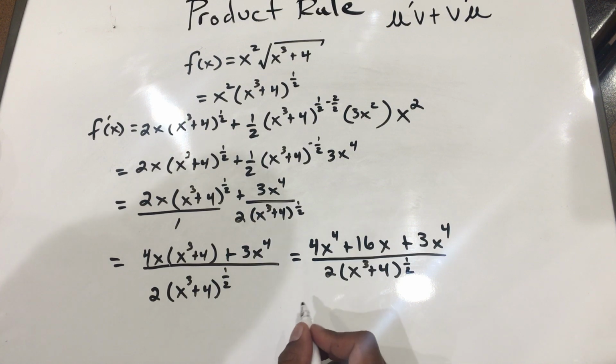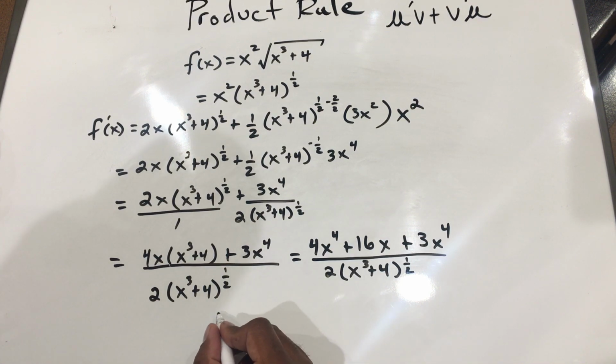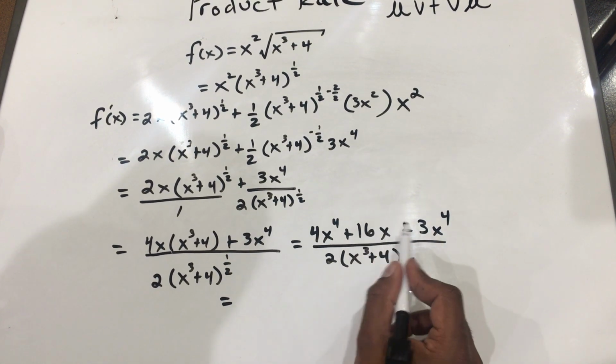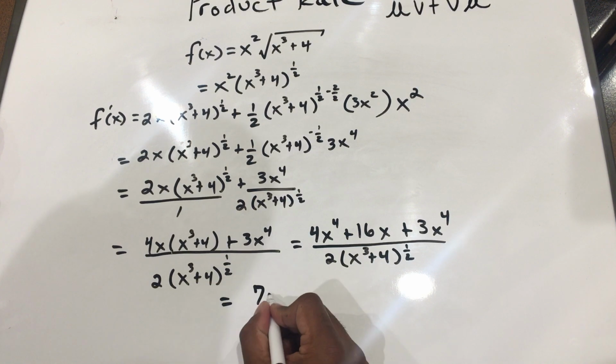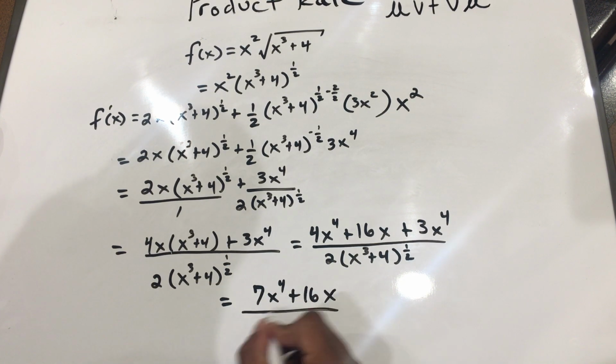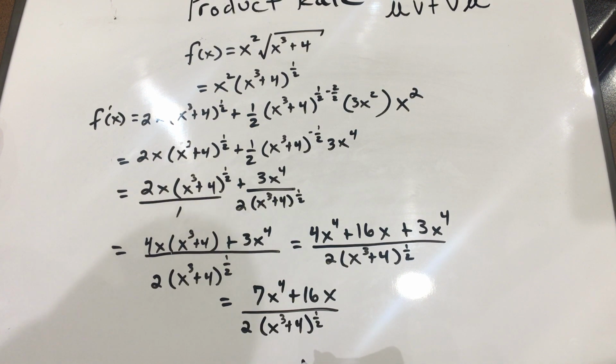Now, I'm going to simplify a little bit more and come up with our final answer. 4x to the fourth plus 3x to the fourth is 7x to the fourth plus 16x divided by 2 times x cubed plus 4 to the 1/2. And there's our final answer.